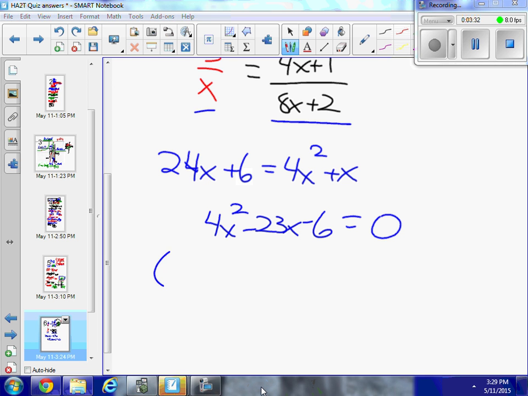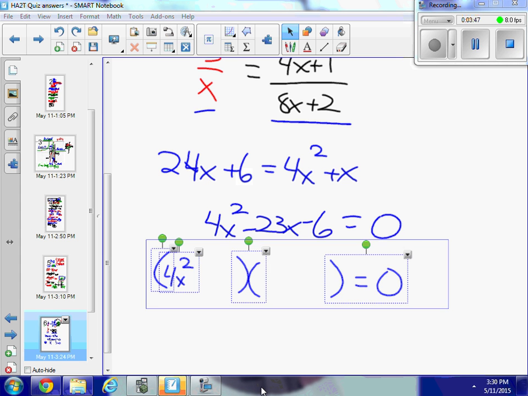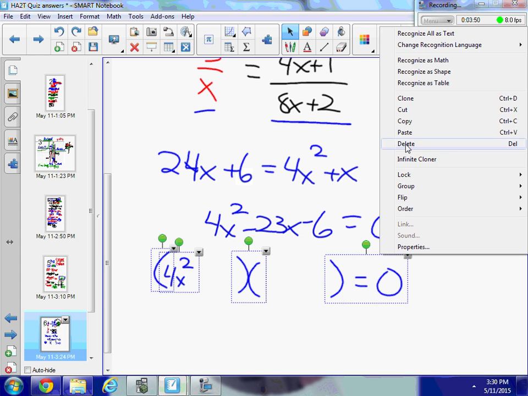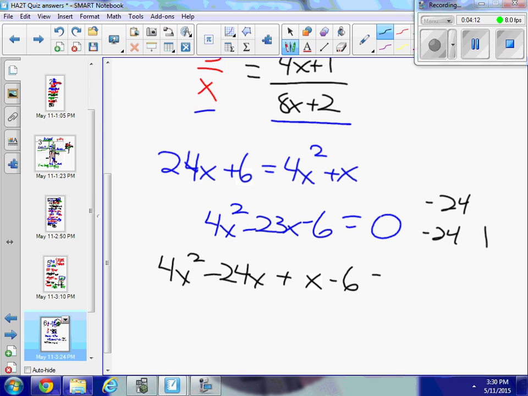I can do the surefire method, but I can kind of see where this one's going to go. I have 4x squared. Well, let's do the surefire method so that everybody can see it. 4 times negative 6 is negative 24. To get negative 23 would be negative 24 and 1. So I'm going to have 4x squared minus 24x plus 1x minus 6 equals 0.